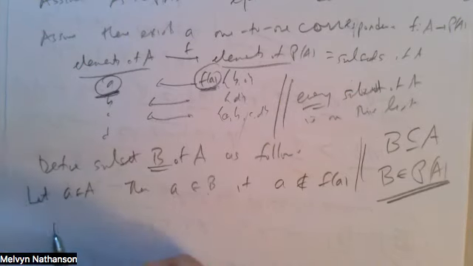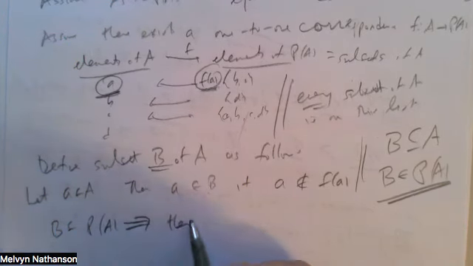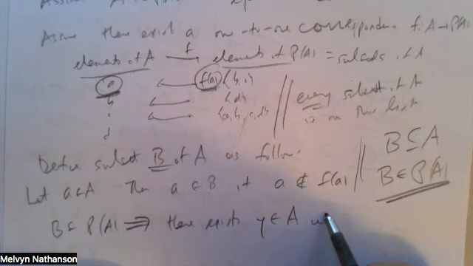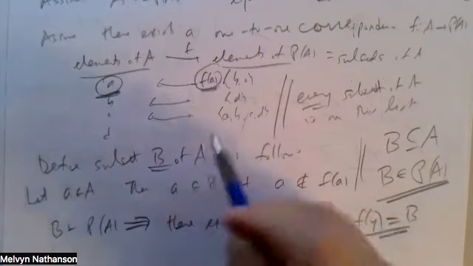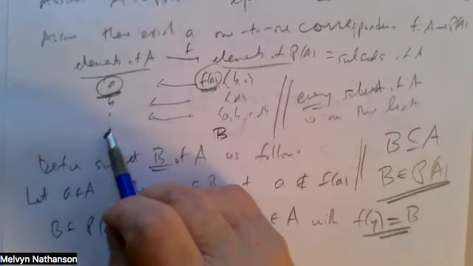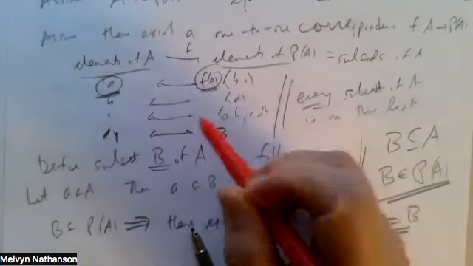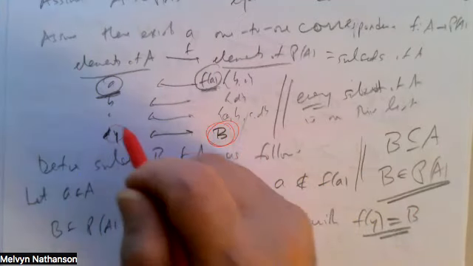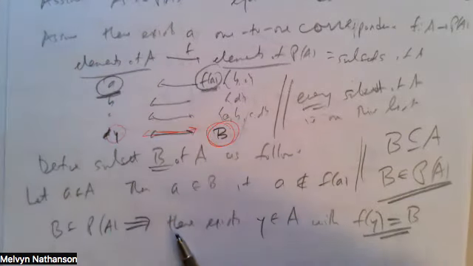So because B is in the power set of A, this implies there exists some element y in A with F of y equal to B. So over here we have some set B, and there has to be an element y which gets sent to B. I've constructed a subset B of the set A, so it has to be that there's an element y in A such that F of y is B.